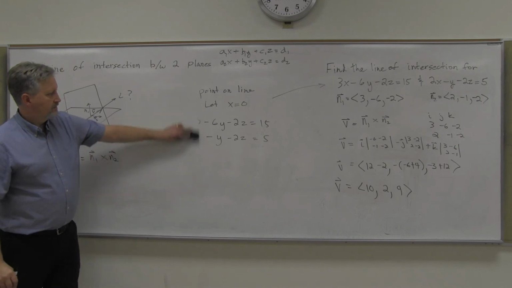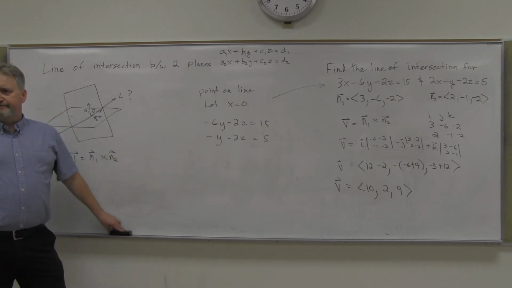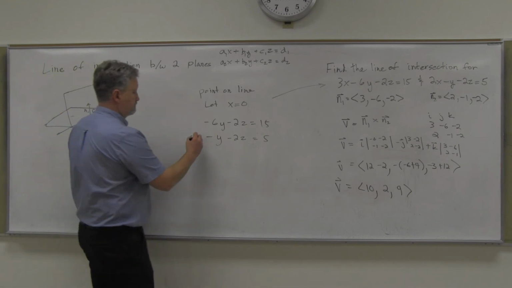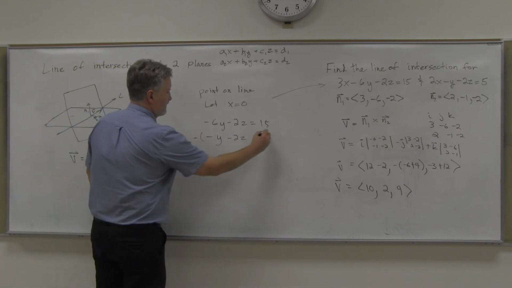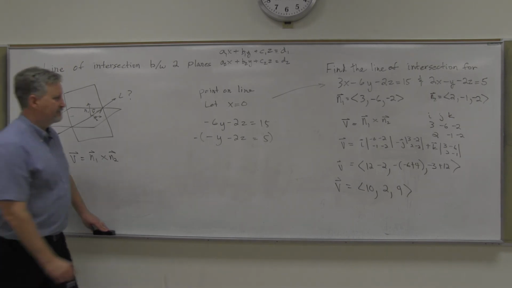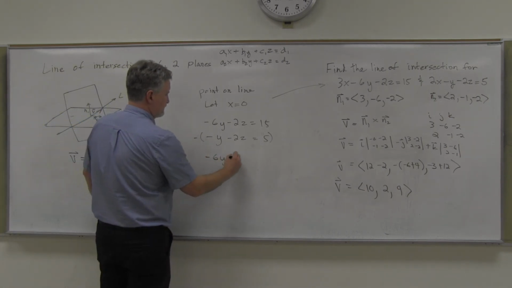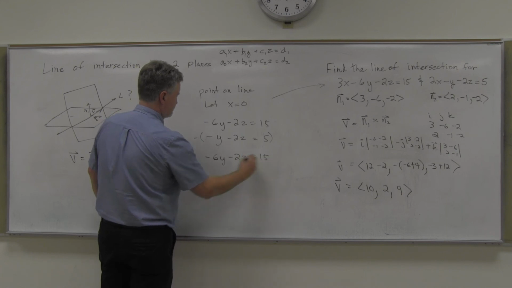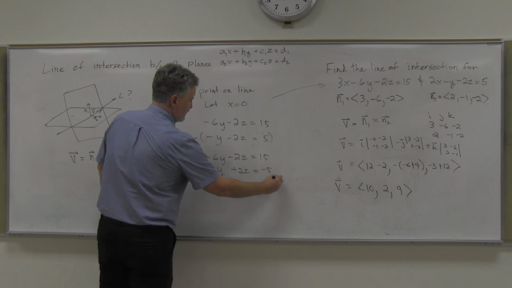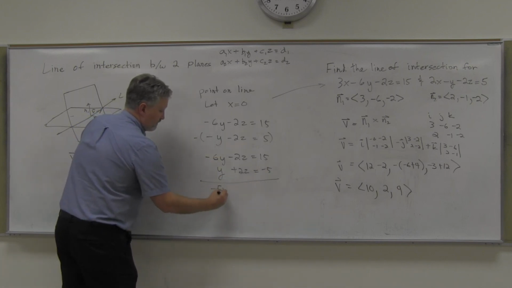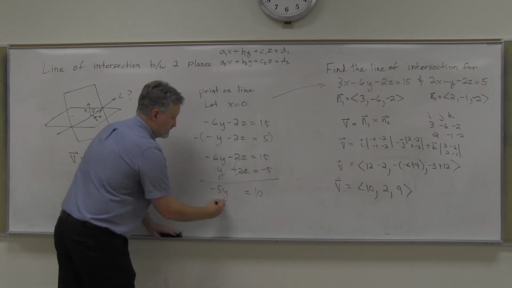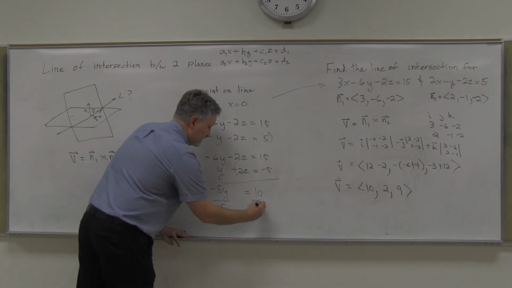So we just have a little system there to solve. Multiply by negative 1 on the bottom. Then you get minus 5y equals 10. So it looks like y would be negative 2.